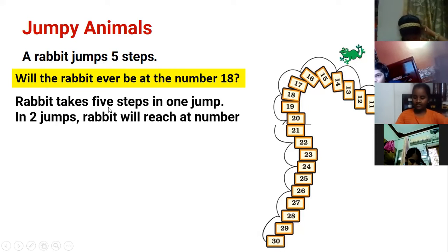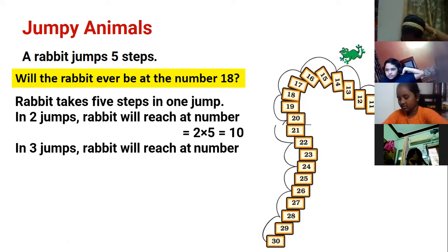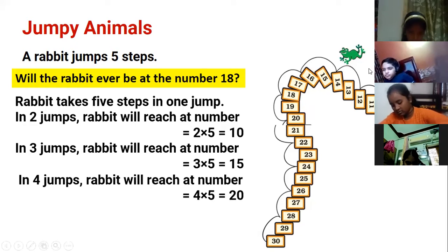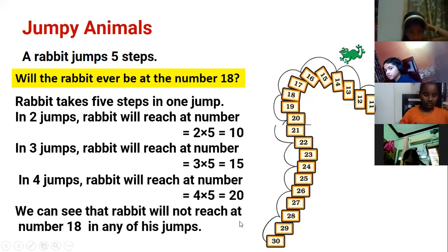In 2 jumps, it meets 10. 3 jumps, 15. 4 jumps, 20. So 18 is in between 15 and 20. It will not reach the number 18. Is it clear?